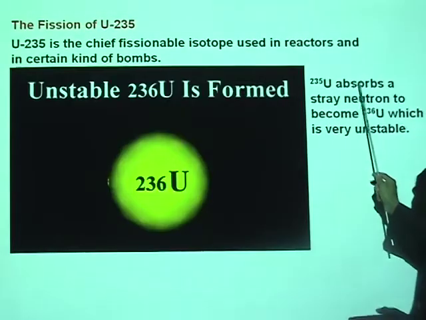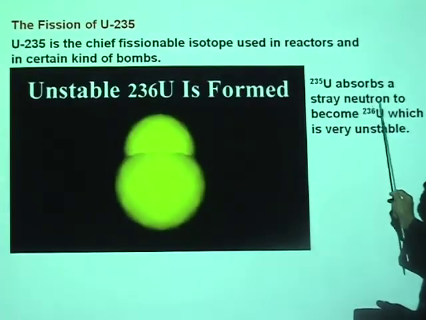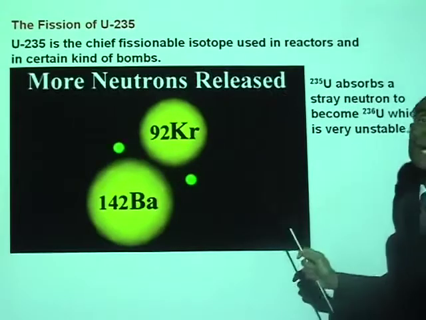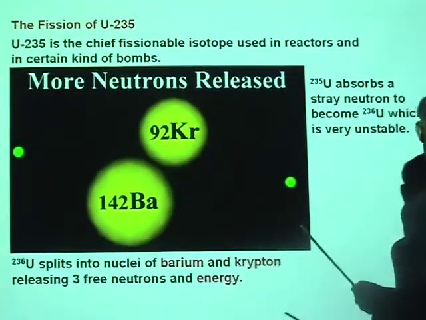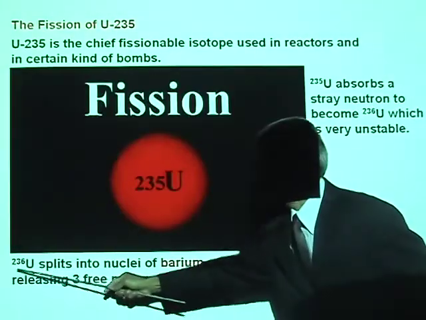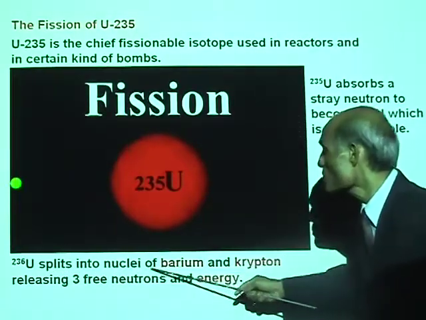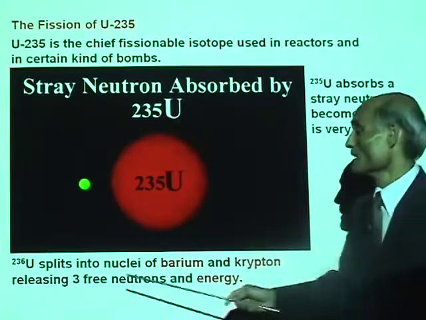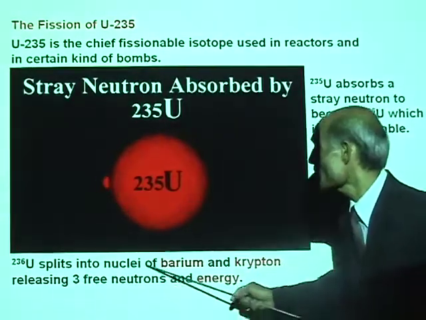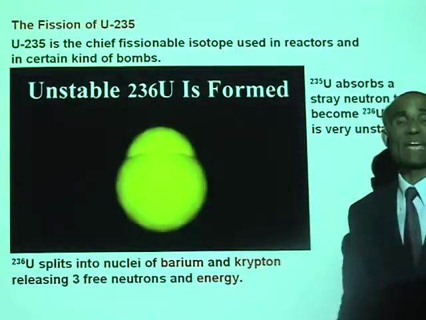So U-235 absorbs a stray neutron to become uranium-236, which is very unstable, and uranium-236 splits into nuclei of barium and krypton, releasing 3 free neutrons and energy.